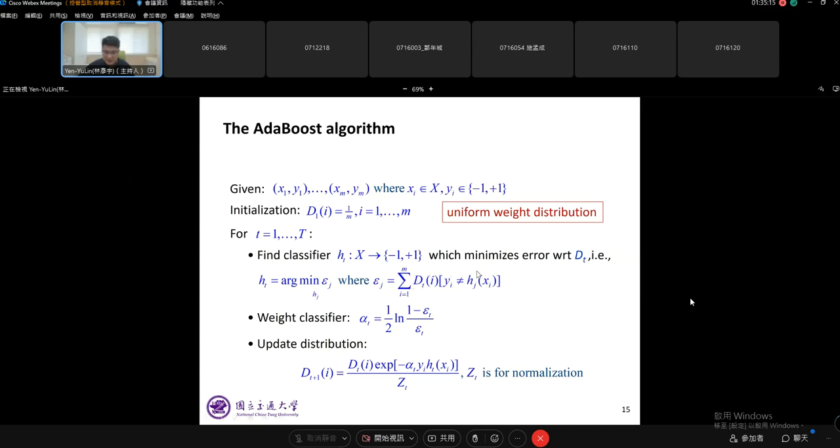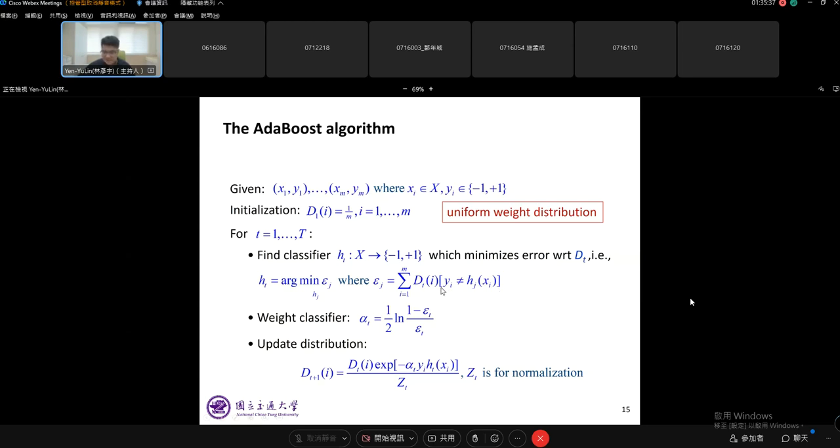Inside the sum operator, we need to focus on one particular data point, xi. So this is the weight of this data point xi at this iteration t. So let's look at the indicator function here.